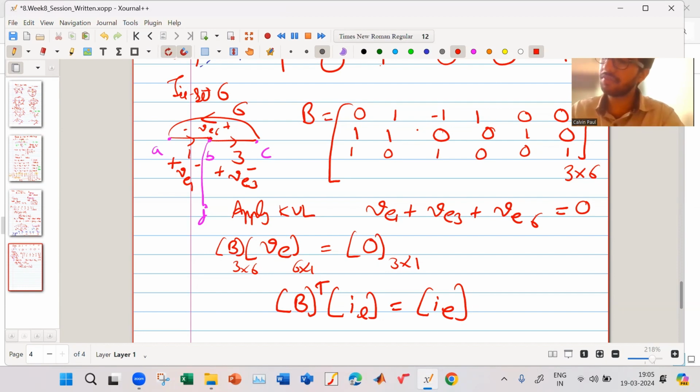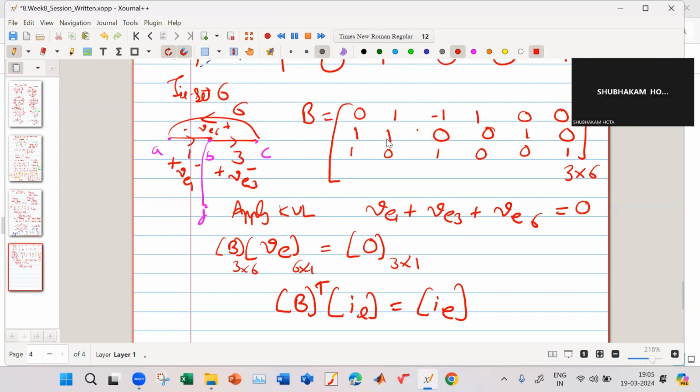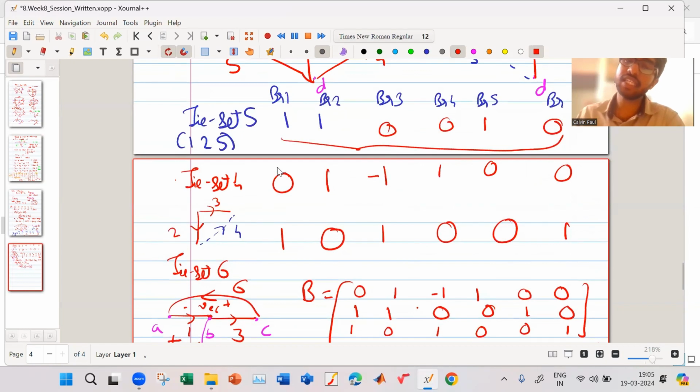How do we make a tie set? We just add a link to the tree, and the closed path that forms is the tie set. And from that tie set, we write all these equations.